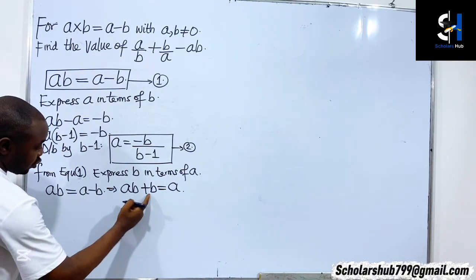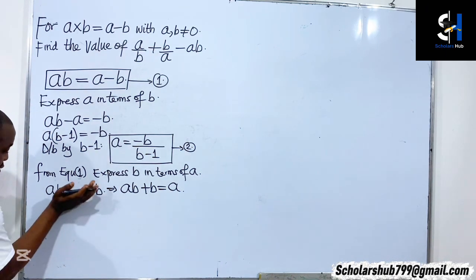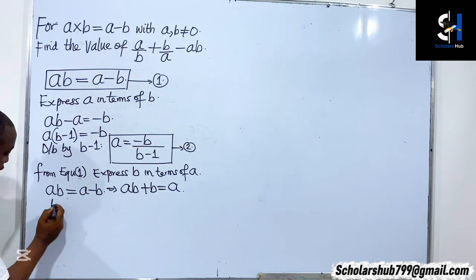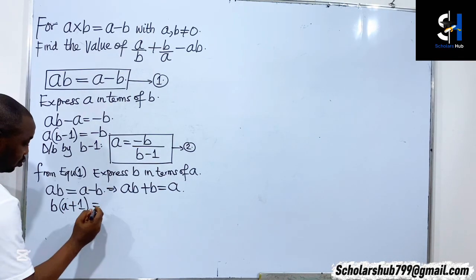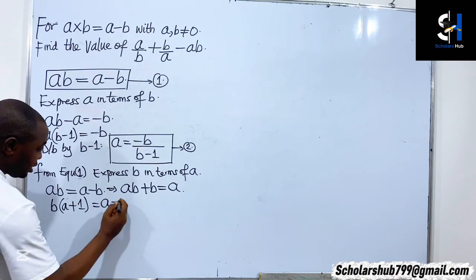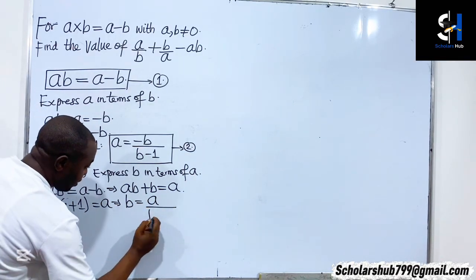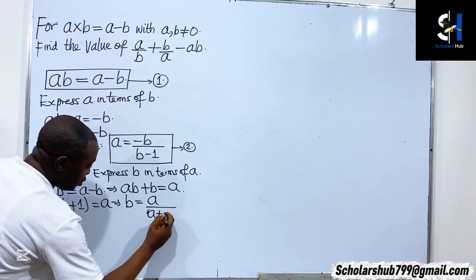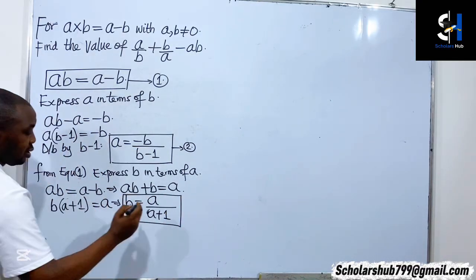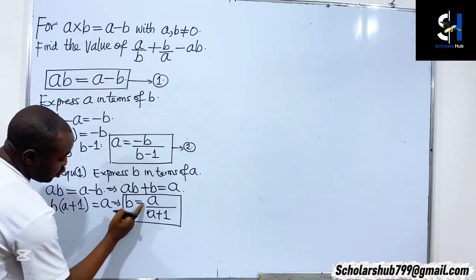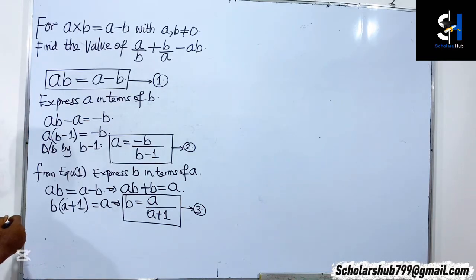Now b is common in this expression, so this will be b parenthesis a plus 1 equals a, so that the expression for b is a over a plus 1. So the expression for b in terms of a is b equals a over a plus 1, and this will be equation 3.